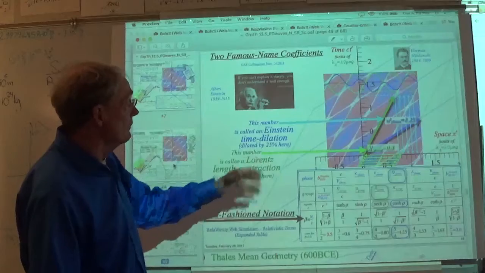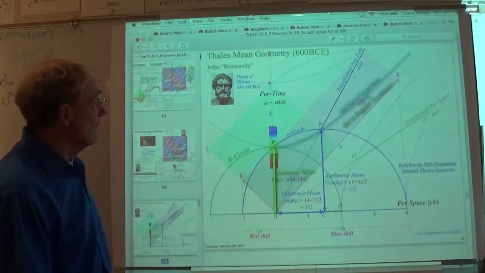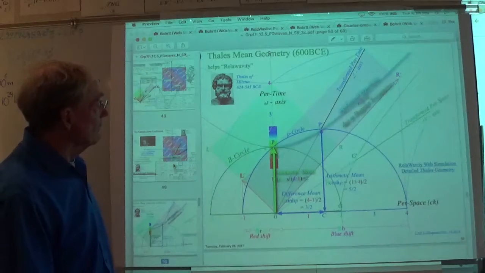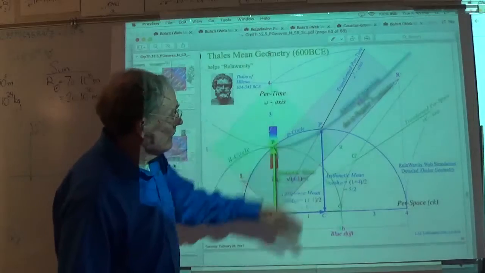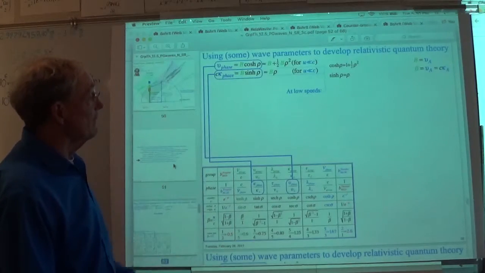You can see from this that they make sense. It's what waves do. They shrink and slow down and do all kinds of stuff, and hyperbola plays a major role in this. And this is a proof right here.